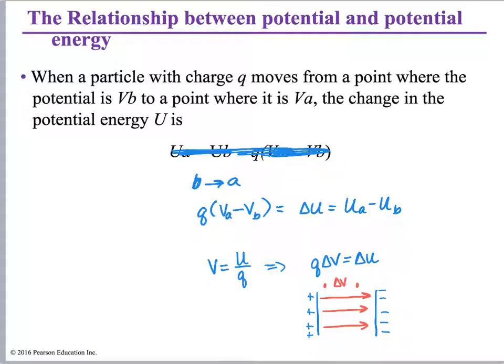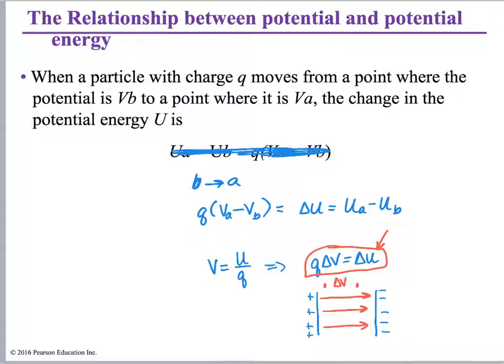So the idea being, if I move a charge between 2 points in an electric field, that charge will experience a change in potential, which is just going to be determined by the different locations that we were located in the electric field when we started and when we ended, but also that charge is going to undergo some sort of change in potential energy, and this is the relationship that can help us.